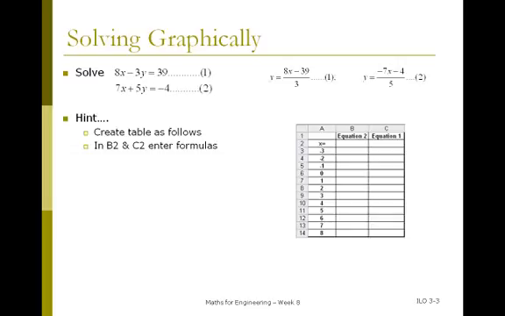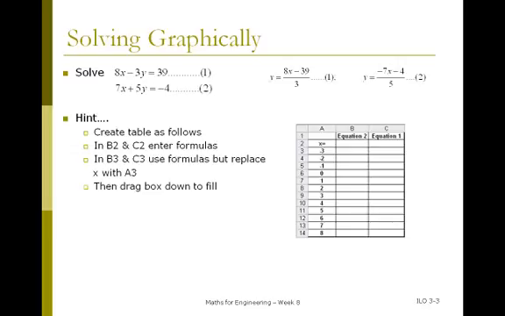Then, as I've said, in B2 and C2, enter the two formulas for equation 1 and equation 2. Then, when we're looking to extrapolate the formulas, what we do is we replace x with A3 in both cell B3 and C3.